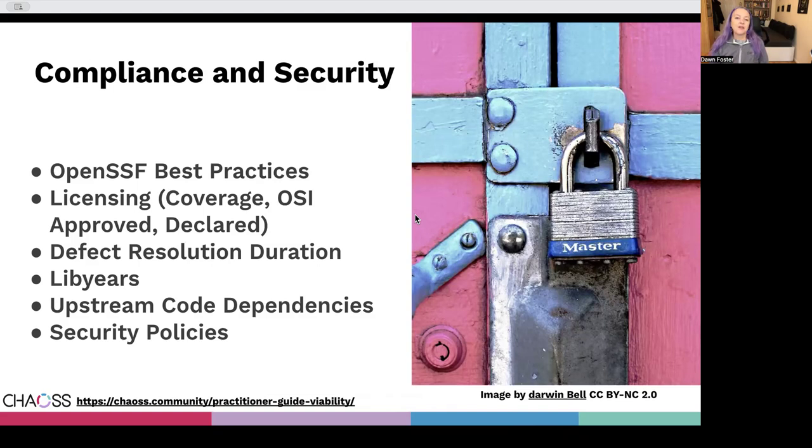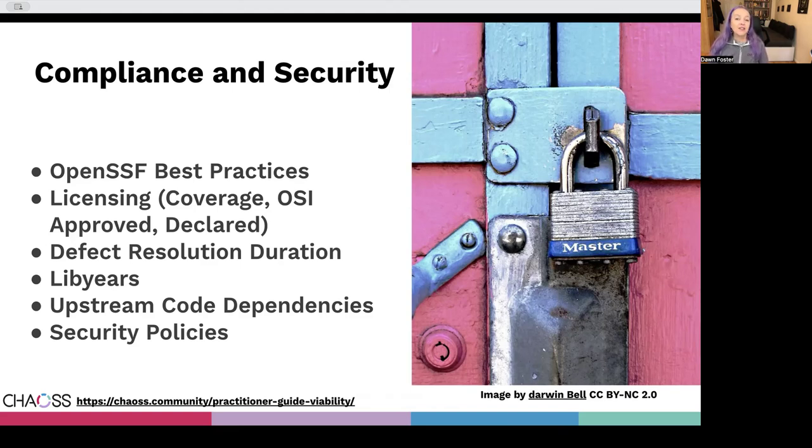One good way to evaluate the security of an open source project is with the OpenSSF scorecard, which contains a wealth of information about the security of a project beyond just the score. Defect resolution duration, lib years, and other dependency measures are also important because projects that are slow to fix vulnerabilities and update dependencies will be less secure, which makes them a less viable solution since you don't want to ship your products to customers if they contain open source projects with shoddy security practices.